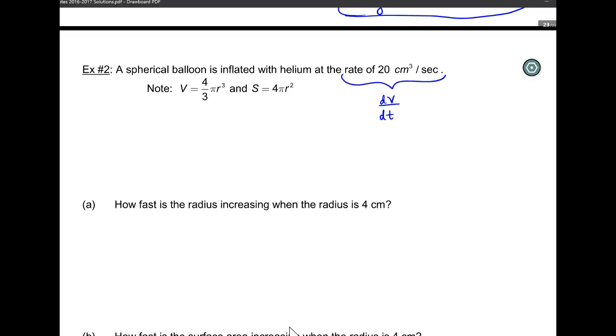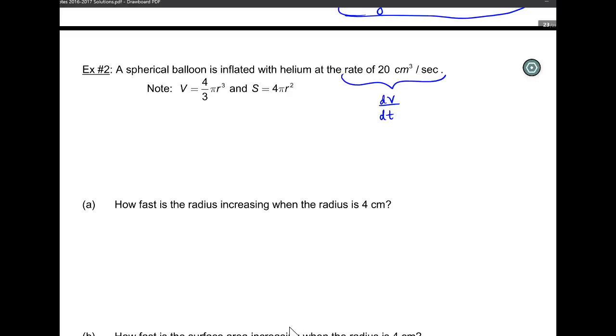Now I'm going to give you, and don't worry about on the test, I will give you the volume and surface area formula. The volume of a sphere is 4/3 pi r cubed, and the surface area is 4 pi r squared. So part A says, how fast is the radius increasing when the radius is 4 centimeters?